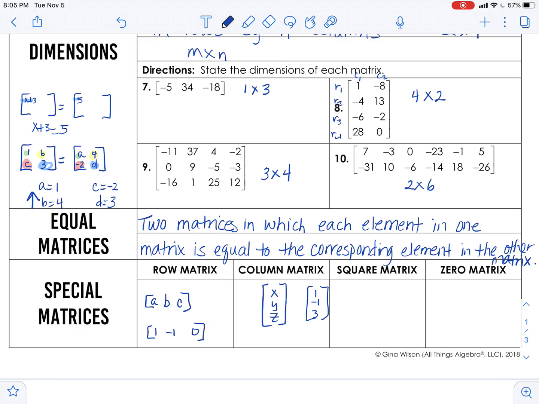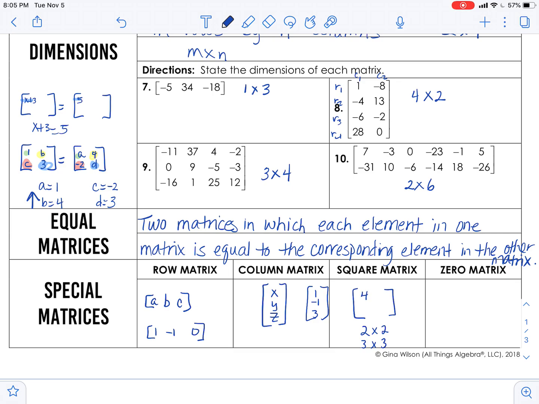Okay. When we have a square matrix, a square matrix is exactly what it sounds like. It is rows by columns the exact same dimensions. So it would be like a 2x2, a 3x3, 4x4. Where you're going to see those is again when we're solving our systems and we're talking about 2x2s or 3x3s, just like what we did when we did our systems of equations.